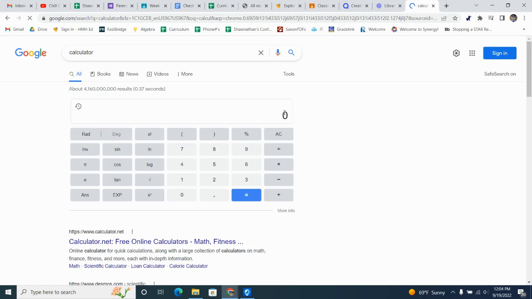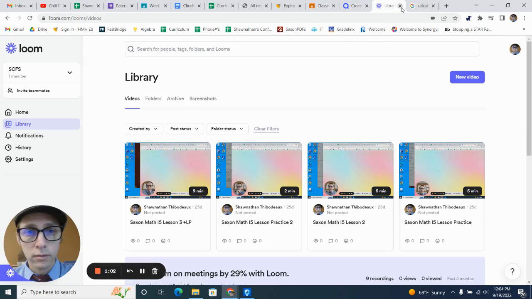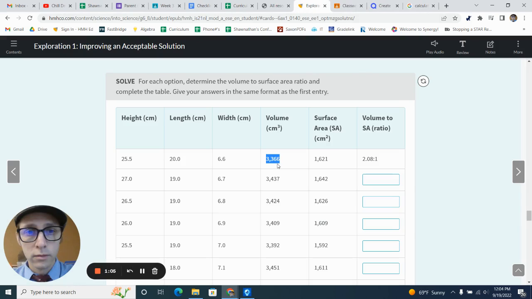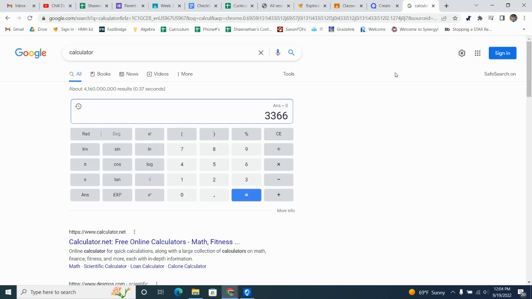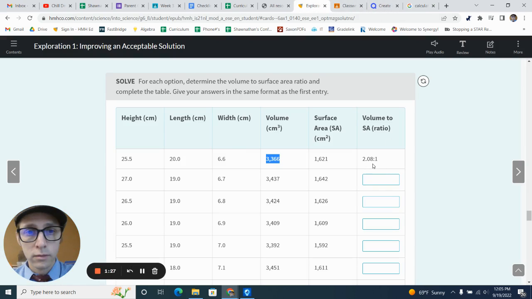The goal here is not for you to do the math on your own, but for you to know what to do, okay? So we get 2.07.